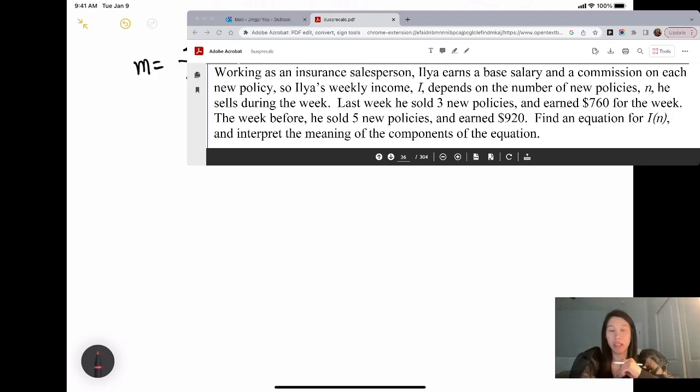Eli's weekly income, I, depends on the number of new policies he sells during the week. Last week, he sold 3 new policies and earned 760 for the week. The week before, he sold 5 new policies and earned 920. Find the equation for his income depending on the policies he sold, and interpret the meaning of the components of the equation. So now let's try it.